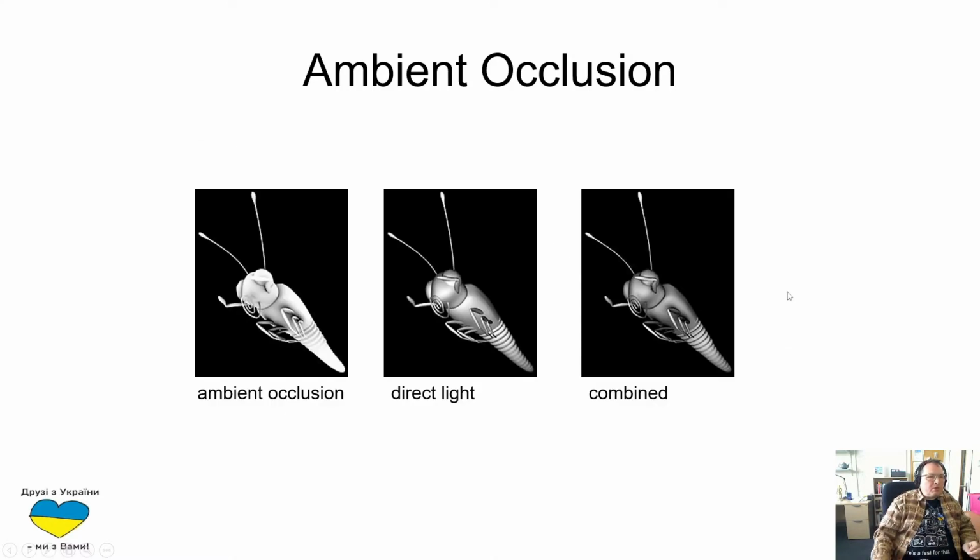Real-world example of ambient occlusion: the left-hand side image only shows the result of ambient occlusion. So there is no direct light. Direct light is in the middle picture.